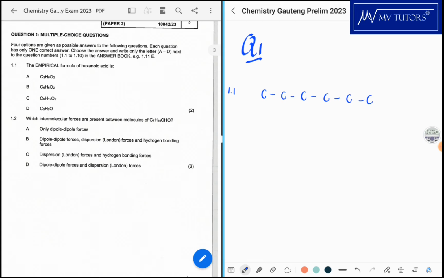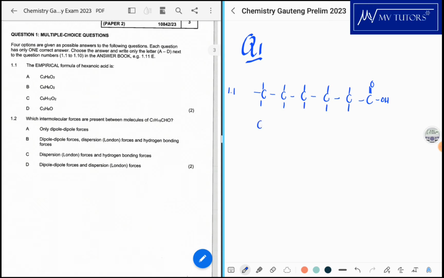Since we are dealing with an acid, we're dealing with a carboxylic acid over here. And so we're going to have a double bond to oxygen and a bond to OH. And the rest are all your hydrogen atoms.